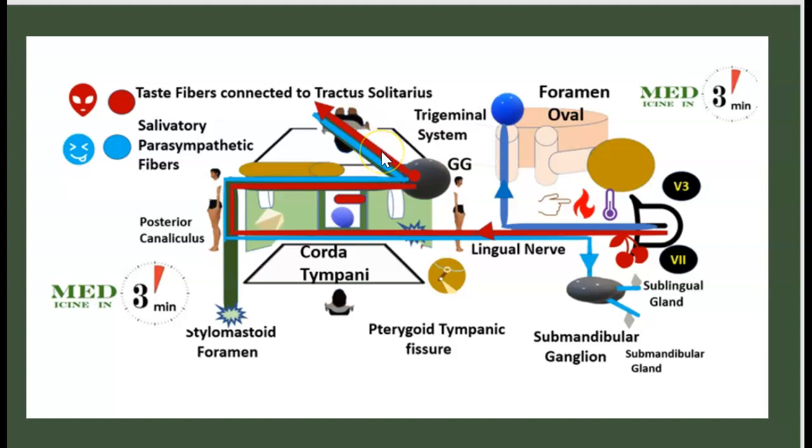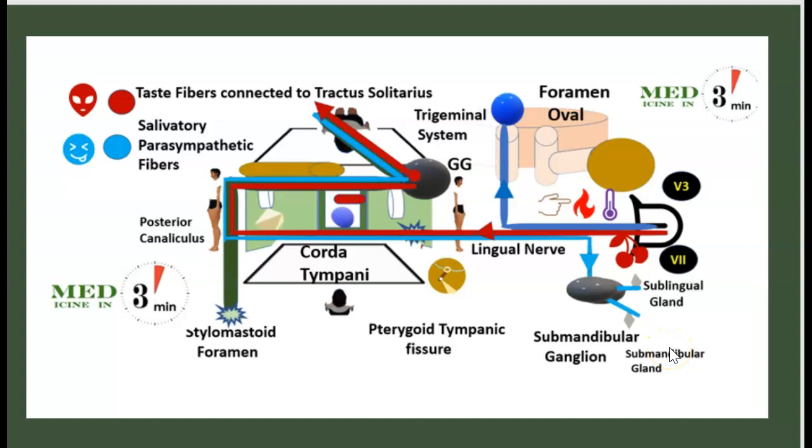Taste fibers approach the lingual nerve. This is the lingual nerve, supplying the taste for the anterior two-thirds of the tongue. Parasympathetic fibers will end in the submandibular ganglion, to the submandibular gland and sublingual gland.